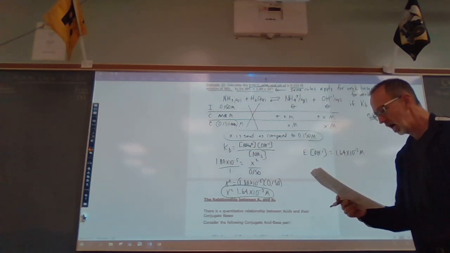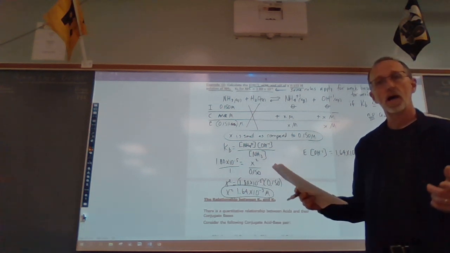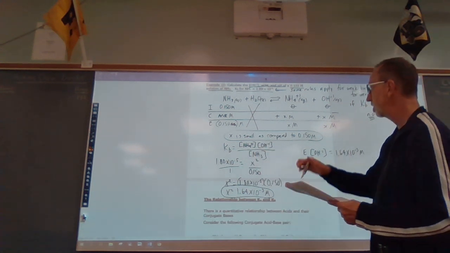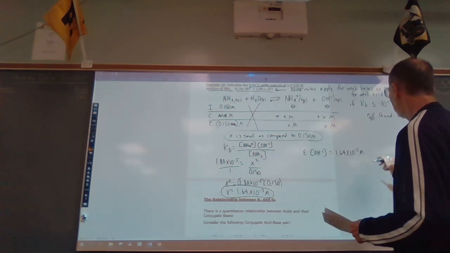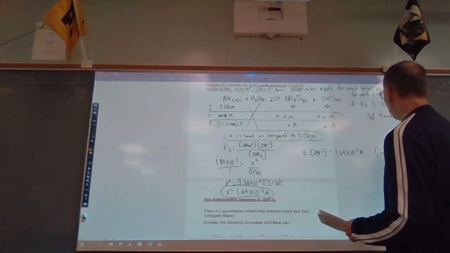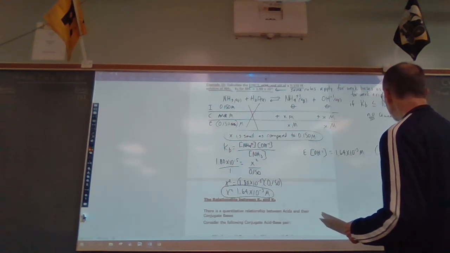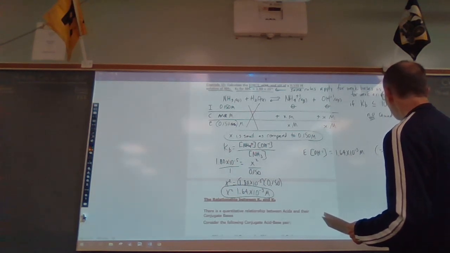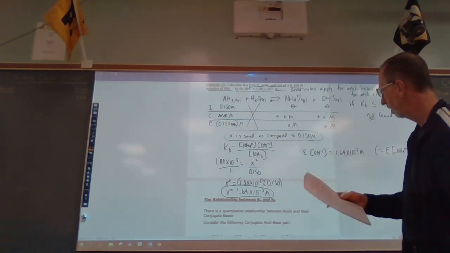Okay? It did not ask for the equilibrium ammonium ion concentration, but as you can see by the 1-to-1 ratio, it would have been the same. So it's also equal to the equilibrium ammonium concentration. Like I said, it wasn't asked for, but had it asked for that, we would also have that answer.